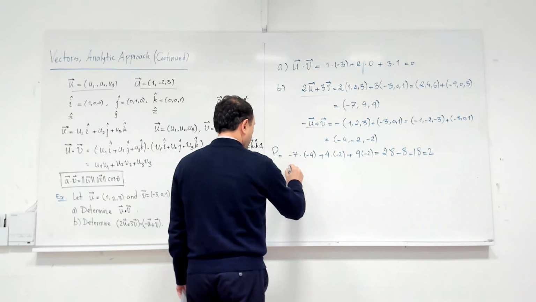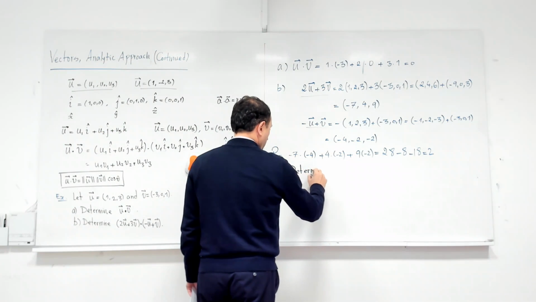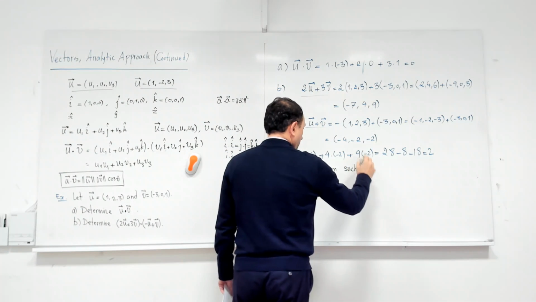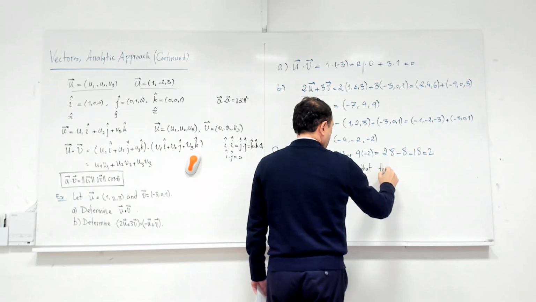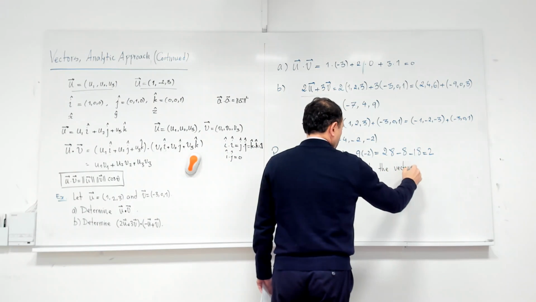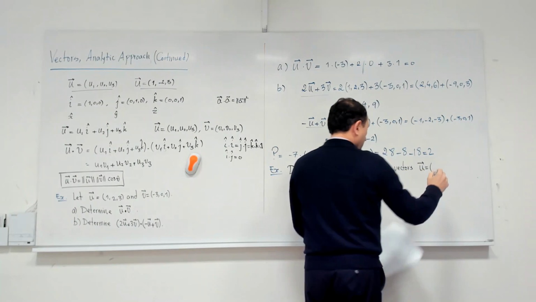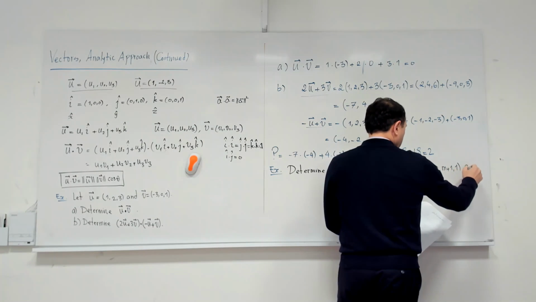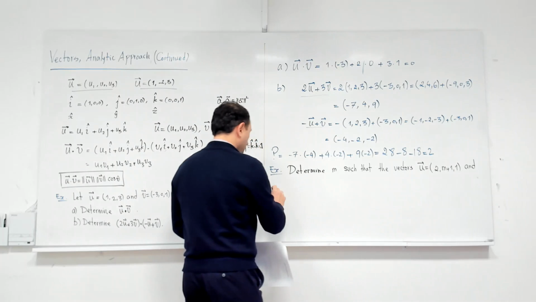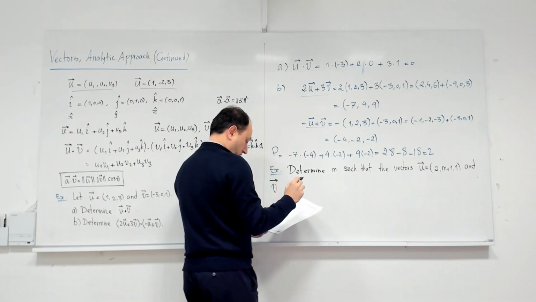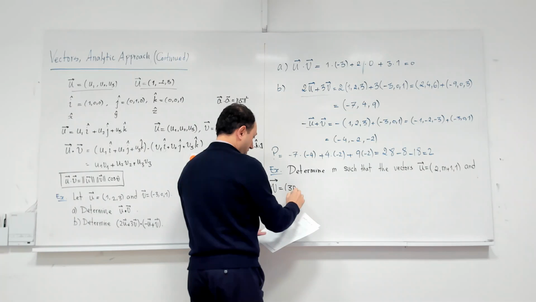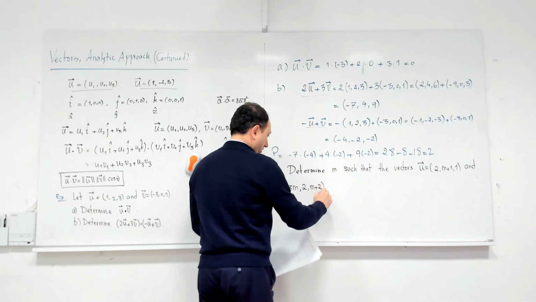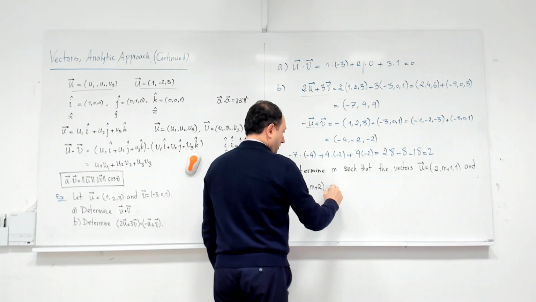Determine m such that the vectors u equals 2m plus 1, and 1, and v equals 3m, 2, and m plus 2 are orthogonal.